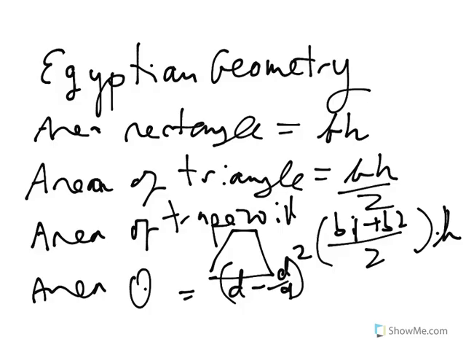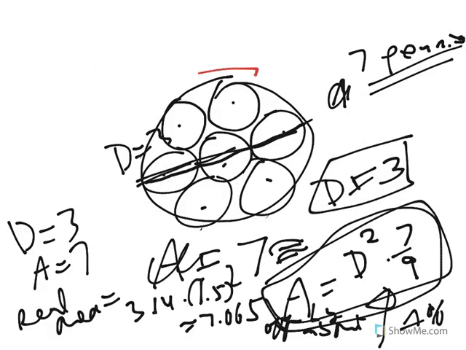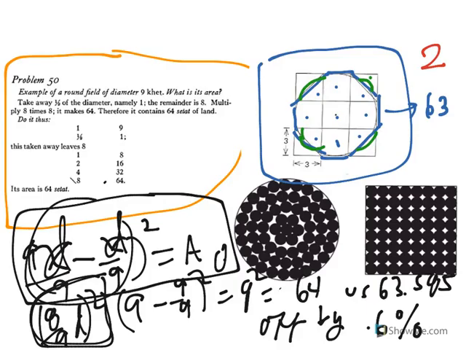Well, there is a speculation that, yes, if you take 7 pennies, you can make a sort of hexagon-looking thing out of it. But if you try to make a bigger thing, and this is just speculation, there's a lot of mystery about this, but see this picture here? If you take 64 circles, you can assemble them into a thing like this. So that suggests that the area of this circle that has diameter 9 is 64.